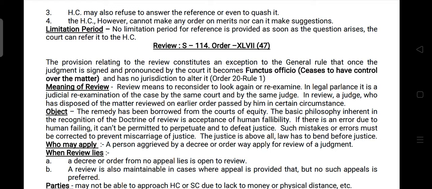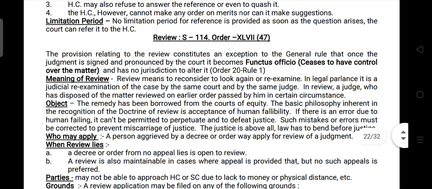If there is an error due to human failing, it cannot be permitted to perpetuate and defeat justice, and such mistakes or errors must be corrected to prevent miscarriage of justice. Justice is above all. Law has to bend before justice.